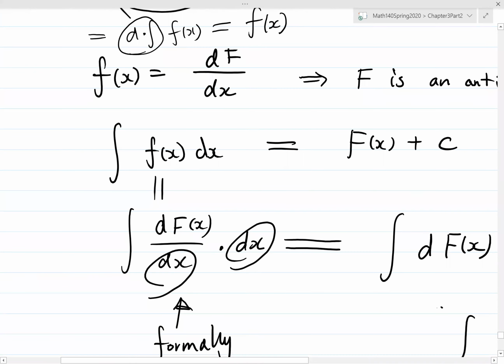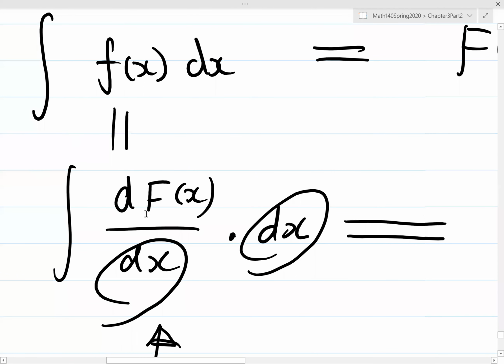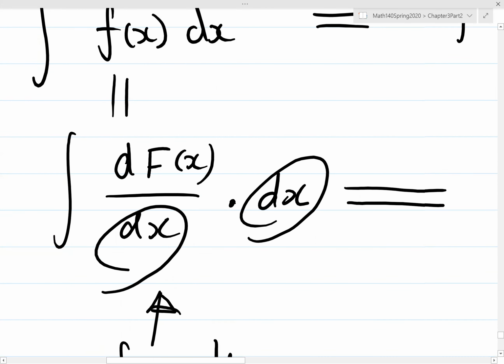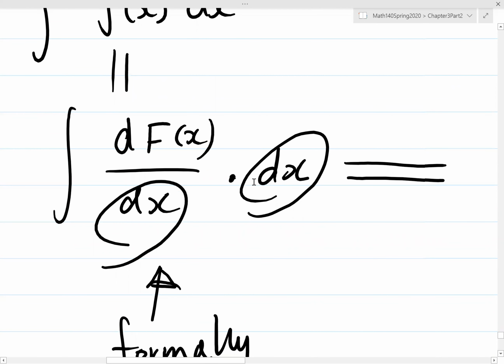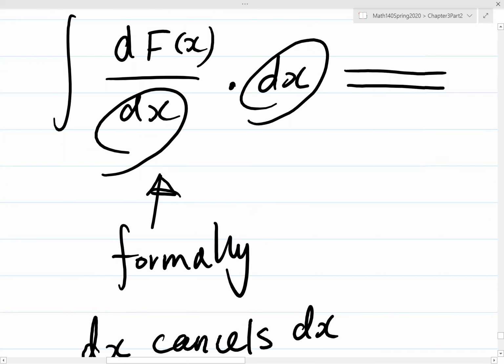If you unravel the definition, substitute little f by dF over dx multiplied by dx, formally you can cancel dx with dx, and we get the integral of dF.